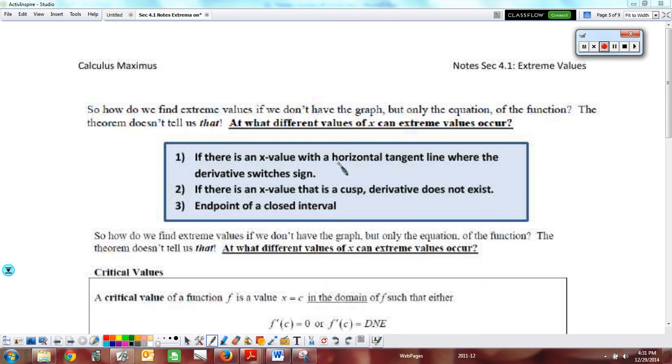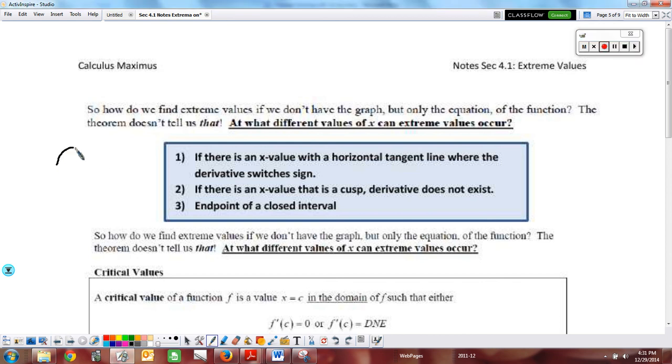So first off, let's think about at what different values the extreme values can occur. And remember, we're only going to be talking about a continuous function on a closed interval. All right. So the first case is if we have an x value for which we have a horizontal tangent line where the derivative switches signs.